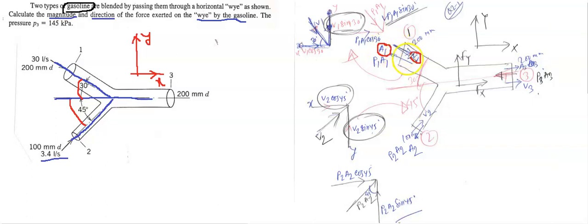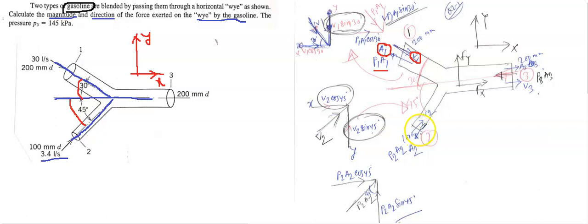Due to the pressure, we have a pressure force p1 a1. Force equals pressure times area. We know the area a1 and we know the pressure p1.